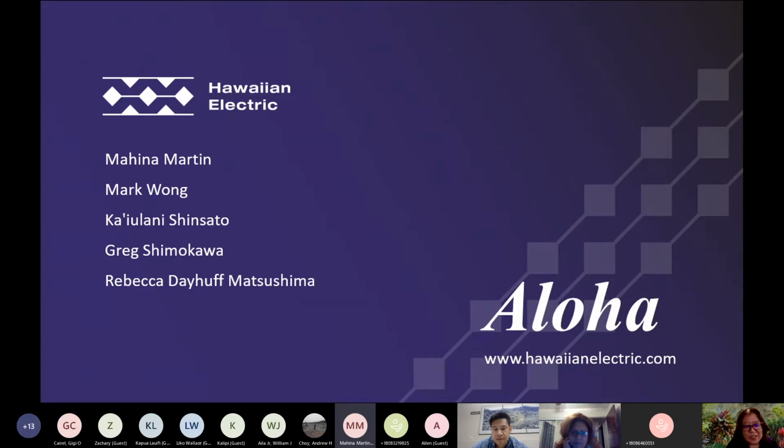Mahina Martin is the Director of Community and Government Relations for the island of Molokai, Maui, Lanai. But most of you will remember that she was a Hawaiian Homes Commissioner. So she knows very well the situation with the department and our homesteaders. I'm just so thankful that she and her team agreed to help us out tonight. So thank you, Mahina.